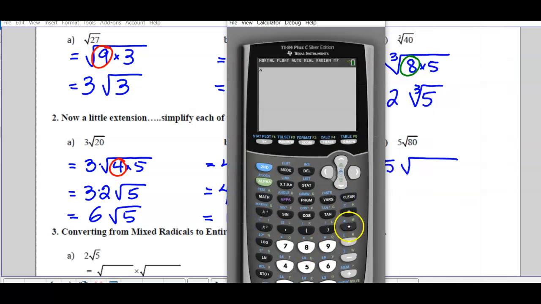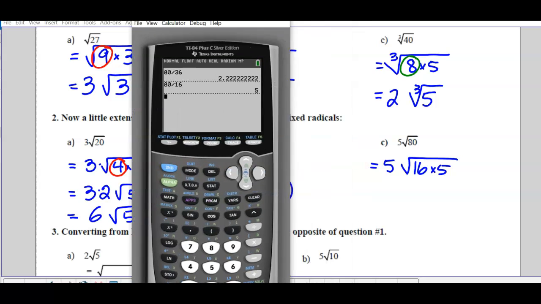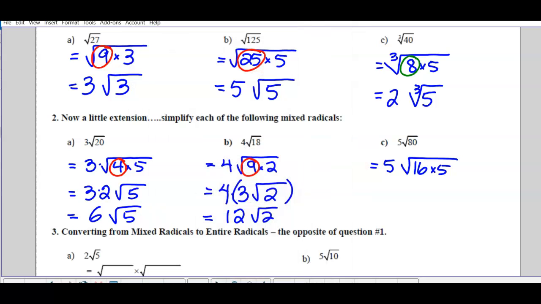So 80 divided by 36 will go in, right? It's not a whole number. 80 divided by 25 is not going to. 80 divided by 16 goes in 5 times. Okay, so now you know that's 16 times 5. So that's when you can use your calculator to help you.